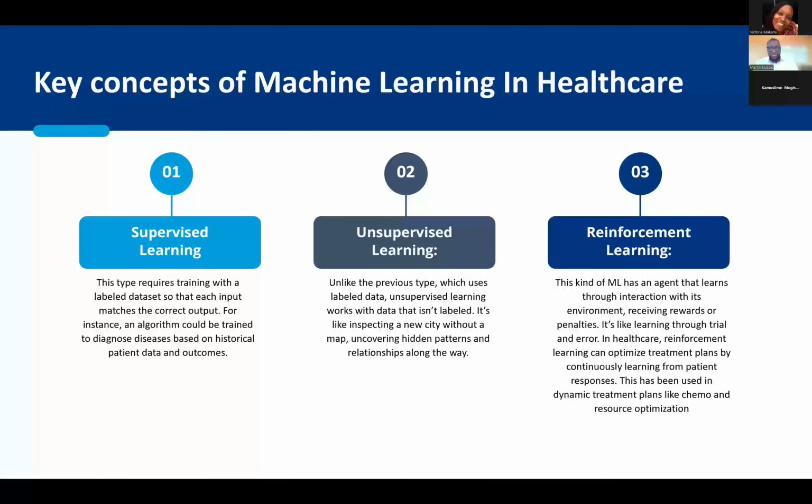Along the way, you will discover that with respect to machine learning in healthcare, there are some principles in the next 3 weeks that you're going to be hearing. If you're not familiar with them, you learn about supervised learning, unsupervised learning, reinforcement learning. Just to briefly state, supervised learning is the type of learning that requires training with labeled data.